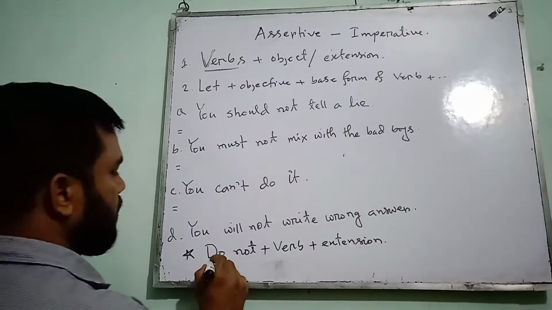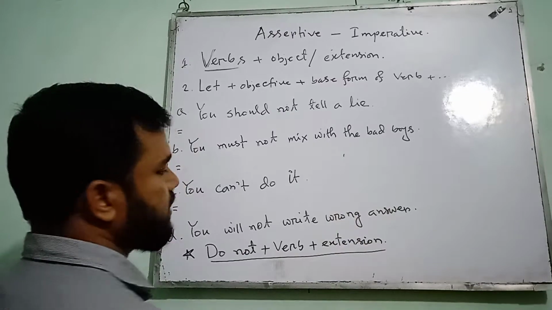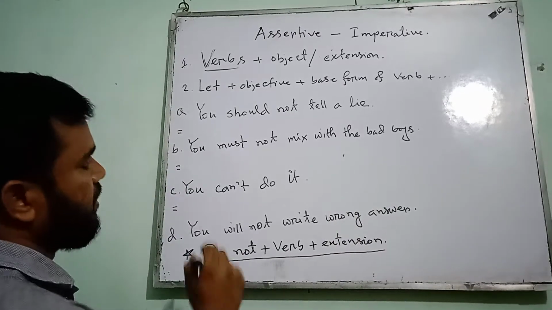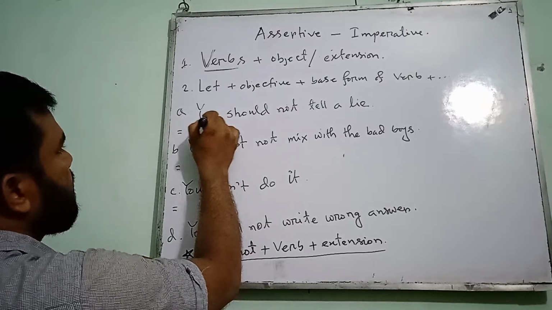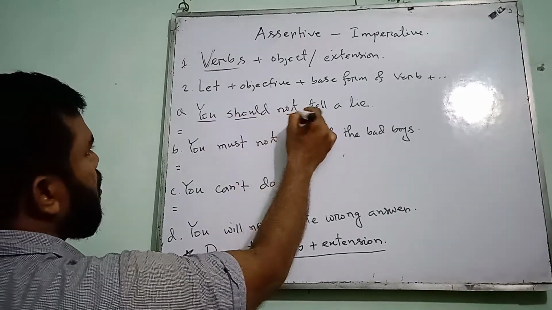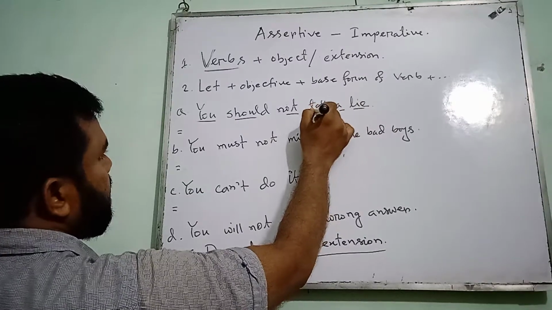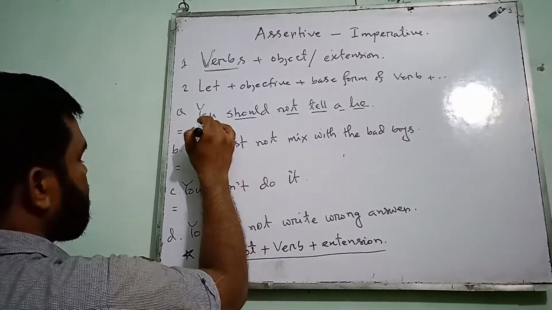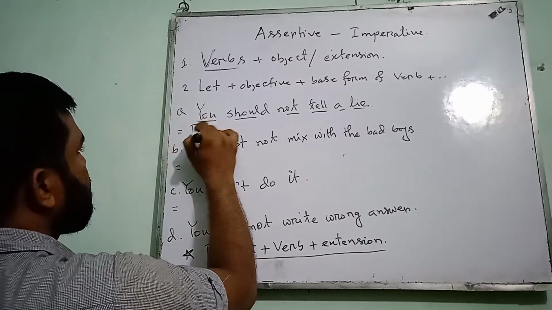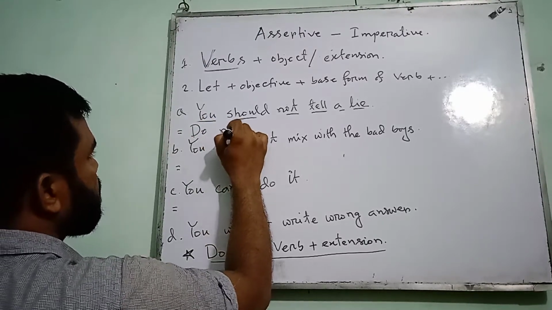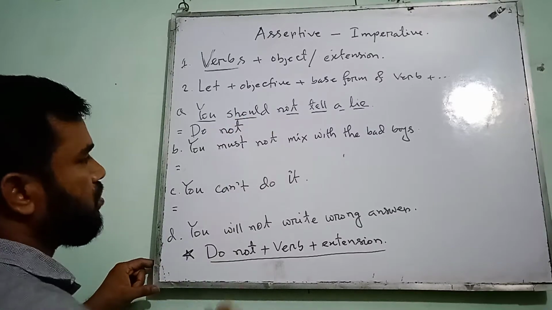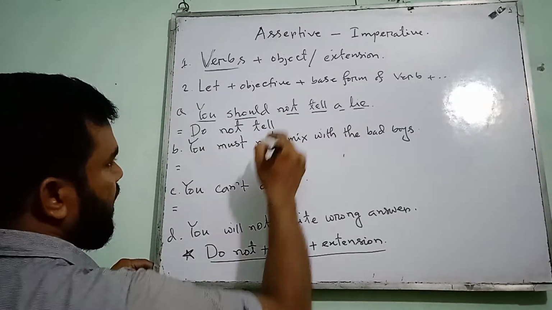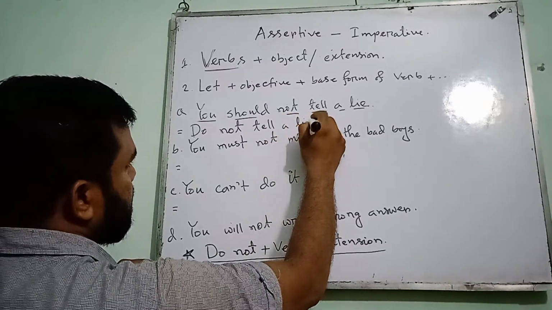So let us apply this structure of negative imperative sentences. Here, you should not tell a lie. The main verb is tell and the sentence contains not. So I have to write here do not. Then I have to write the verb and the next words.